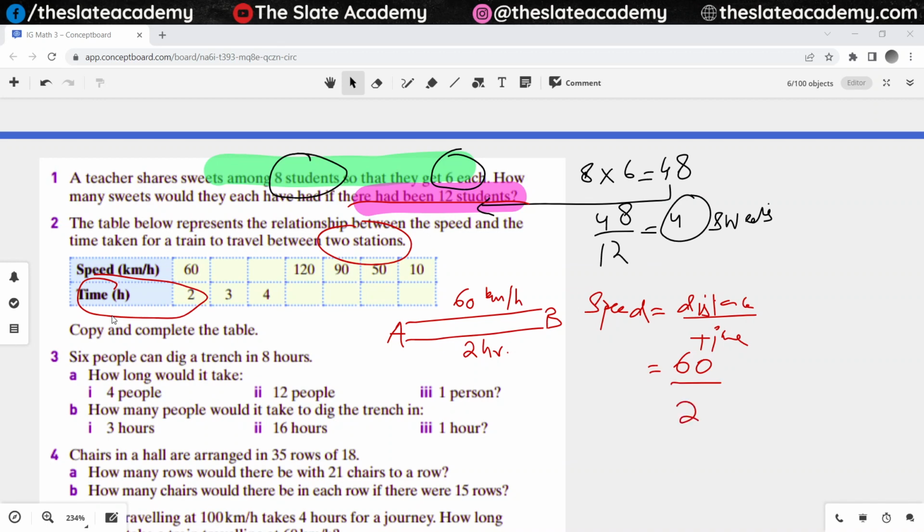Sorry, distance isn't given. Speed is 60. Distance is unknown divided by time 2. So that would tell me how much is the distance, Miss Anam?